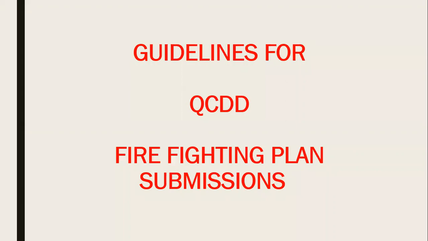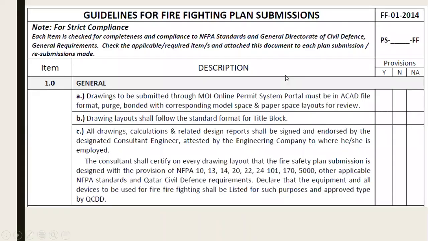Let us go one by one for the major part of the firefighting system. This is a tabulated format for the submission, which is showing here item number, description, and whether it is yes, provided, or no, or not applicable.